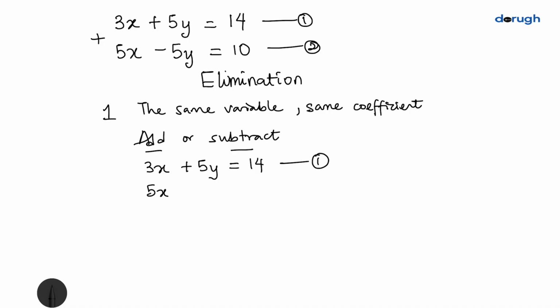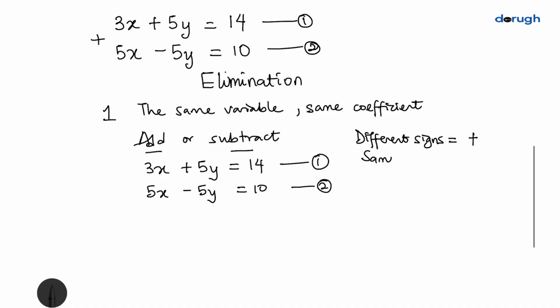And then we have 5x minus 5y equals 10. That's equation 2. So, like I said, if you have different signs, it means you're going to add them. If you have the same sign, it means you will subtract. So in this case, we're adding.